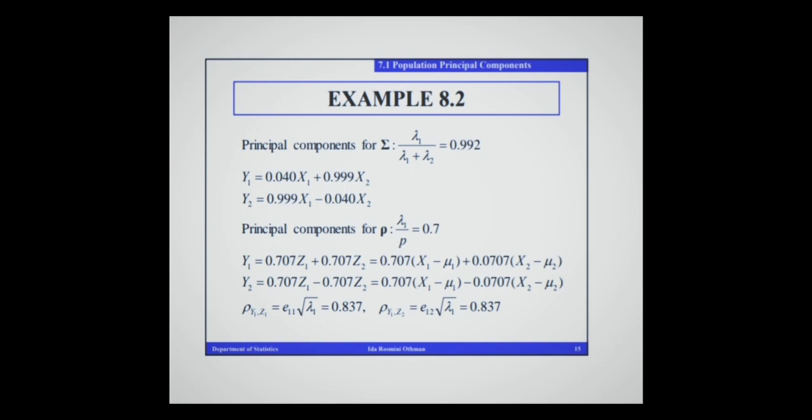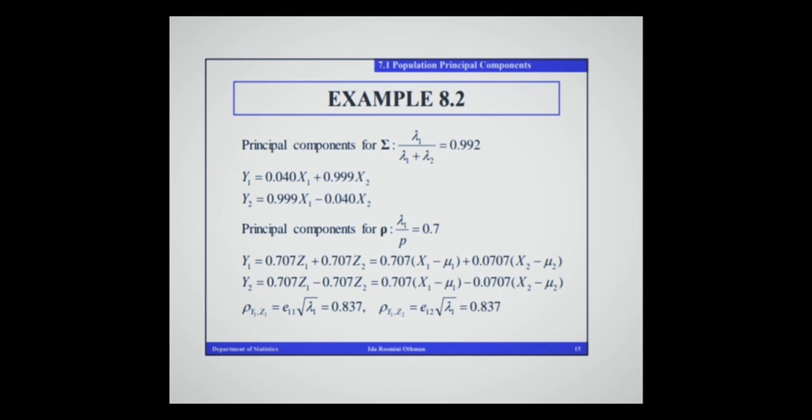Okay, the last one is when we want to find the correlation between the principal component and the standardized variable Z. So as you know, we find the correlation because we want to know which variables contribute most to the corresponding principal component.